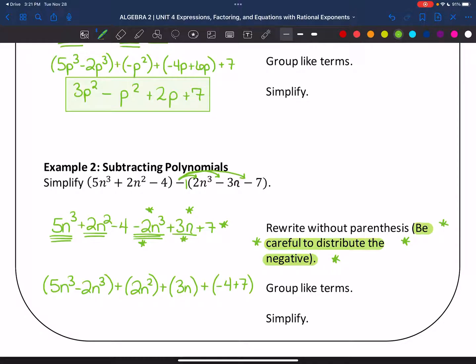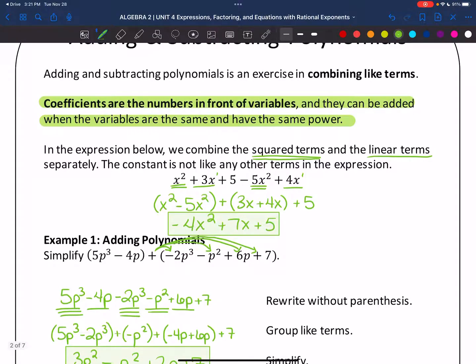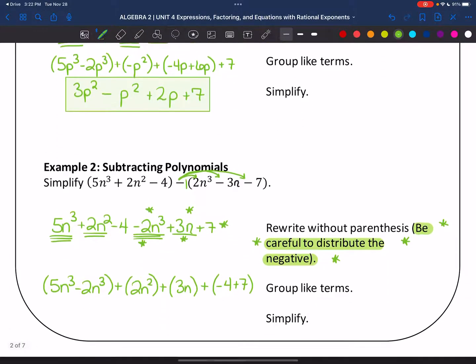Like we said at the top, we can just add those coefficients when the variables are the same and have the same power. So because my 5 and my negative 2 are both n's to the third power, we combine those coefficient values. 5 minus 2, that's going to be a 3n cubed.